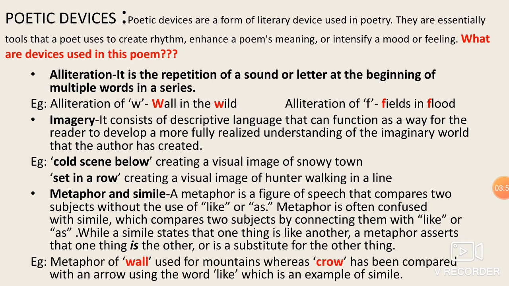For example, in the poem, metaphor of wall has been used for mountains, whereas crow has been compared with an arrow using the word like, which is an example of simile. So those were the poetic devices which enrich the quality of the poem.